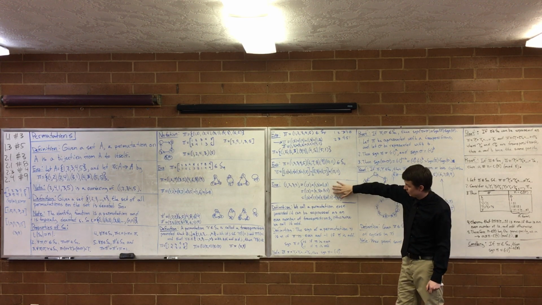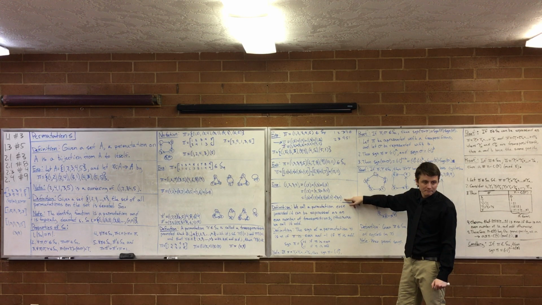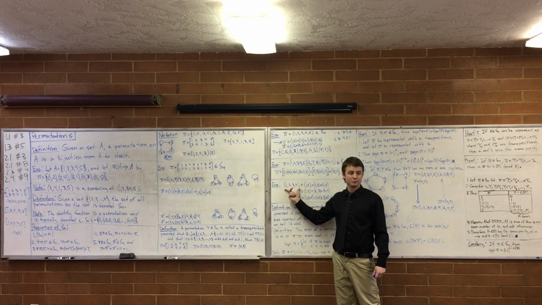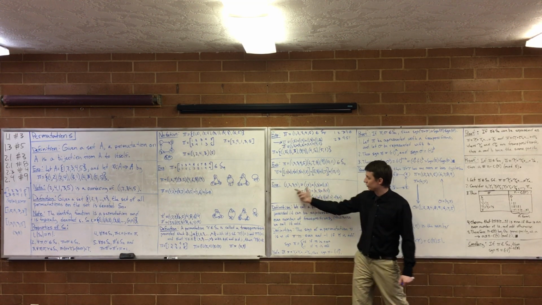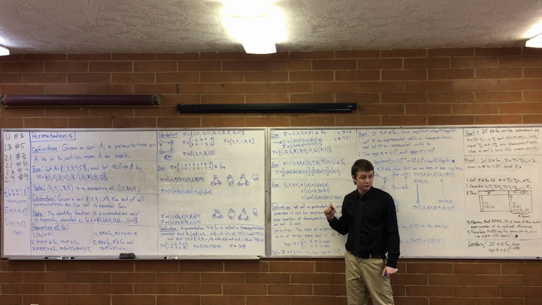And the thing to notice is 3, 3, and 5. They're all odd numbers. So this is what we would call an odd permutation. No matter what set of transpositions I use to represent this permutation, it's going to be an odd number of them.